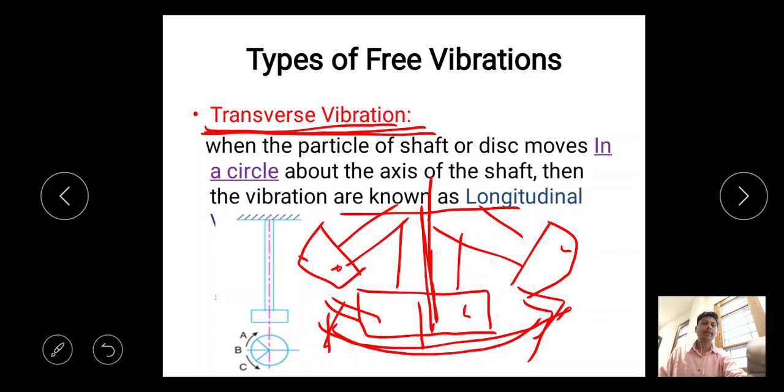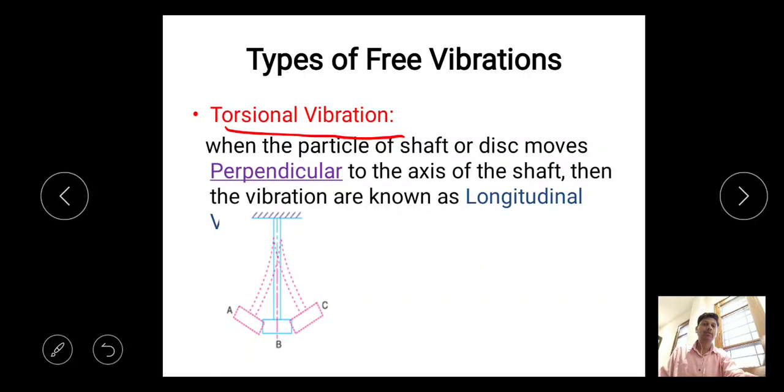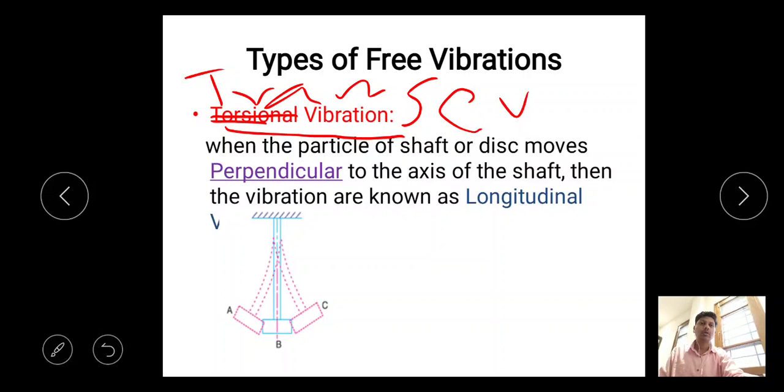If it is perpendicular to the axis, it will be transverse. It is moving in the transverse direction, so it is called transverse vibration.